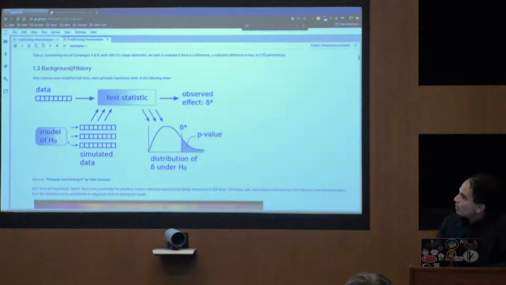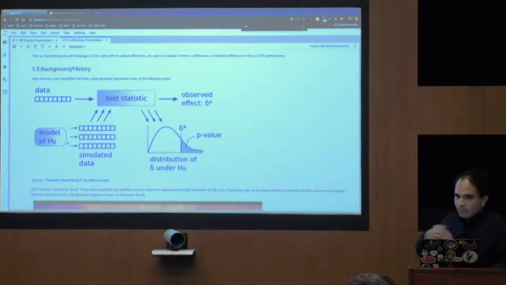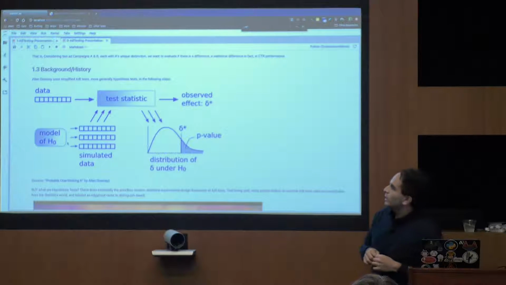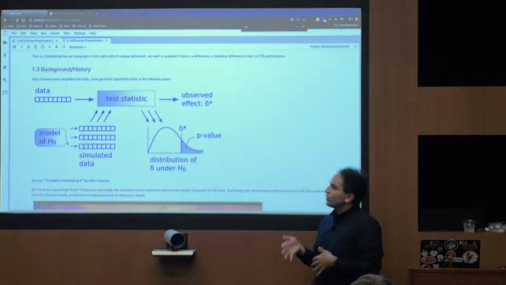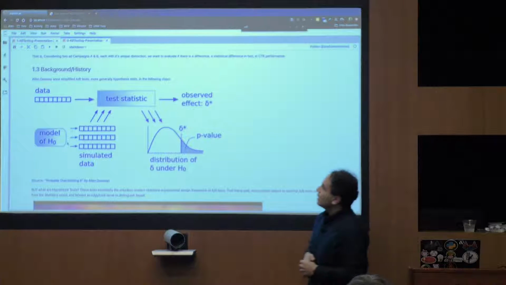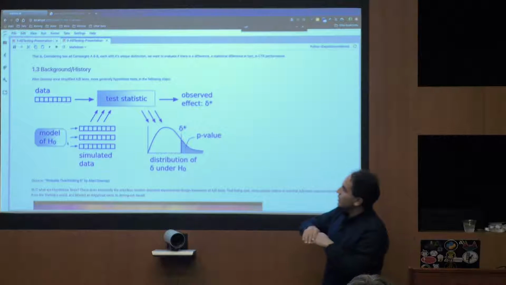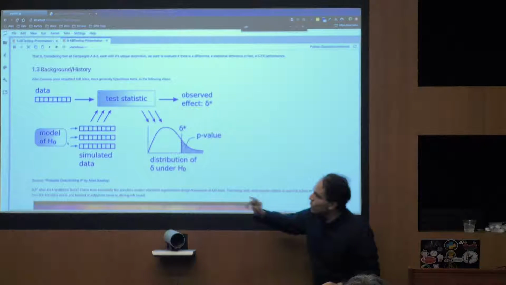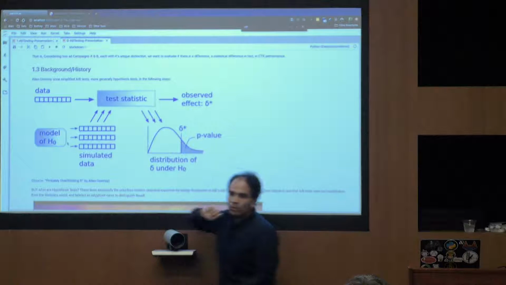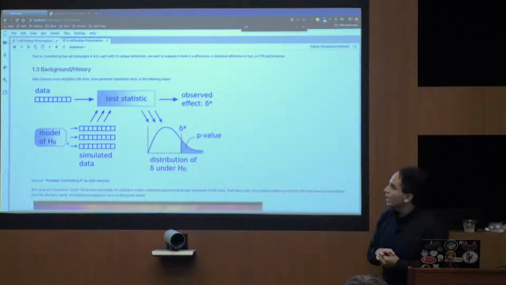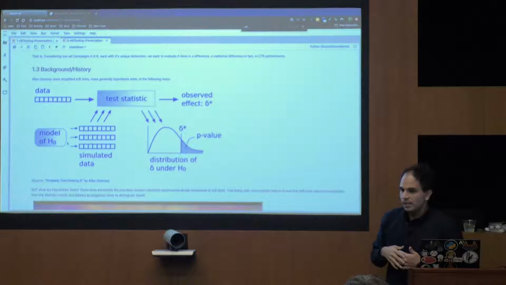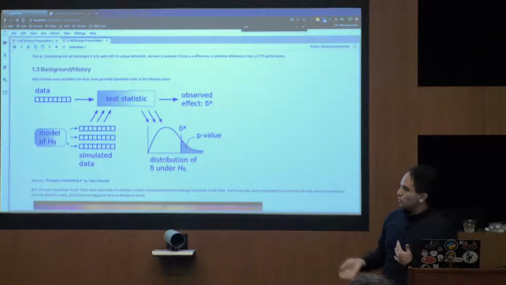Just a quick background before proceeding to the more specific details. Allen Downey, a researcher at Google currently, defined A/B tests in a blog post, more generally hypothesis tests, in the following construct. Abstractly, you have your data, simulated data, and your null hypothesis, H0, which says there's no difference between these two groups.